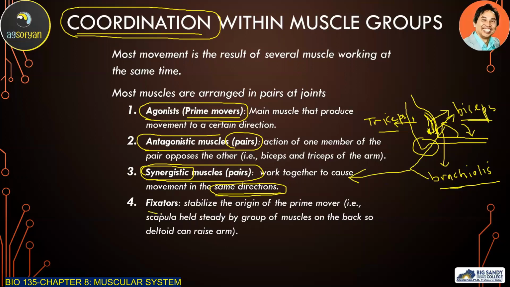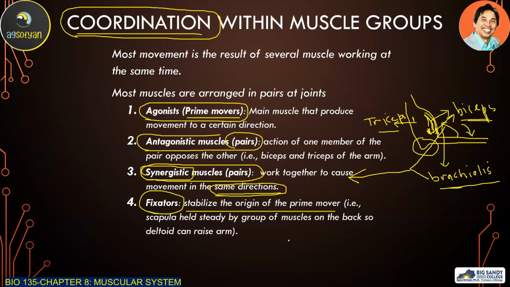The last one is this group of muscles that are called the fixators. These are the muscles that fix or stabilize the origin or the bones of the prime mover, so therefore it will not go away. It will stay in its place.